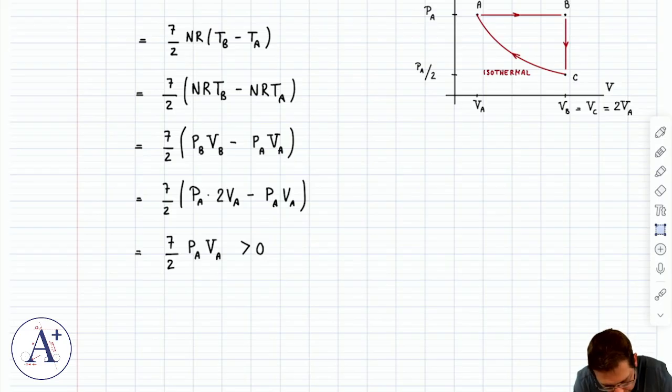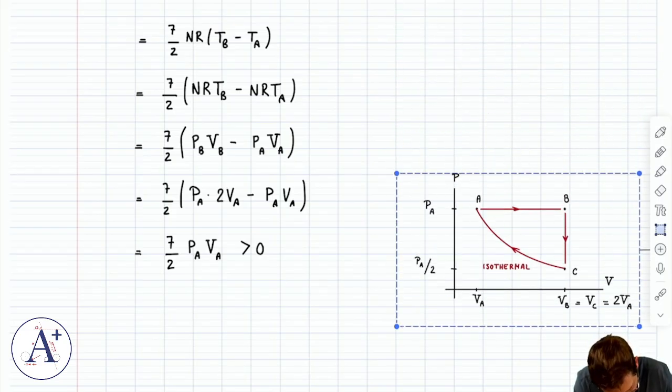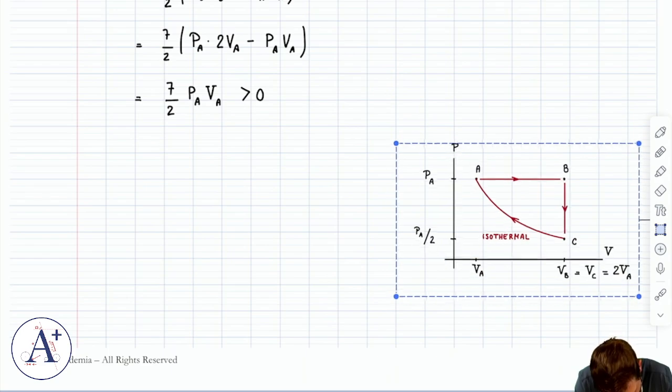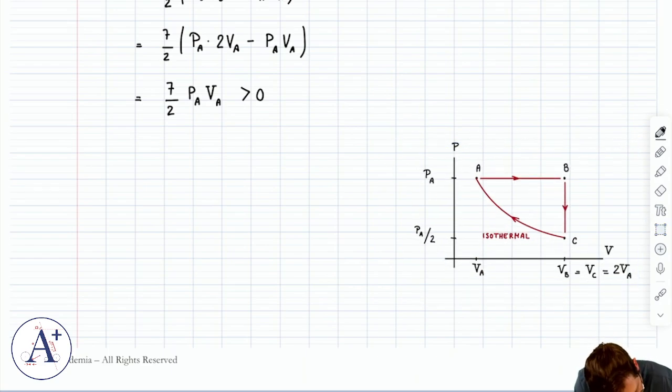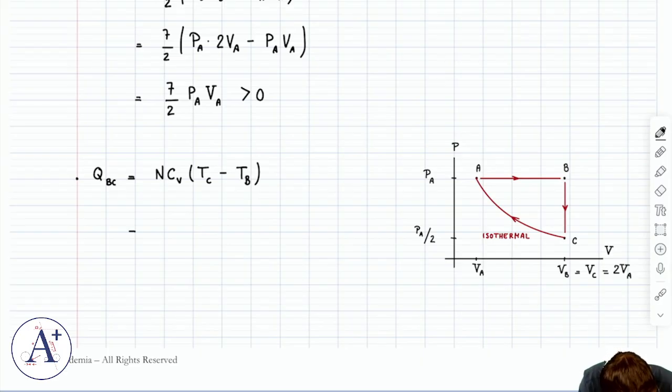Okay, then Q from B to C. B to C is an isochoric transformation, constant volume, so it's NCV TC minus TB. And we're going to have the same kind of gymnastics.